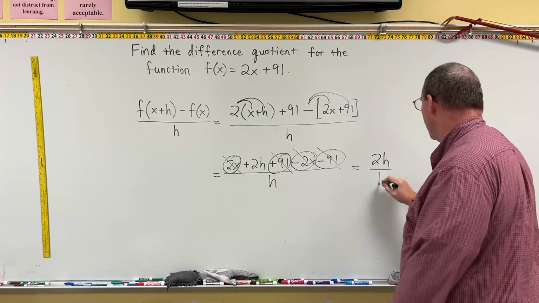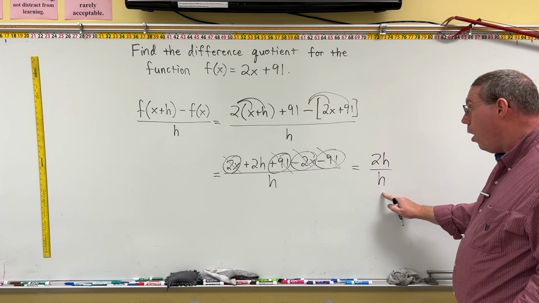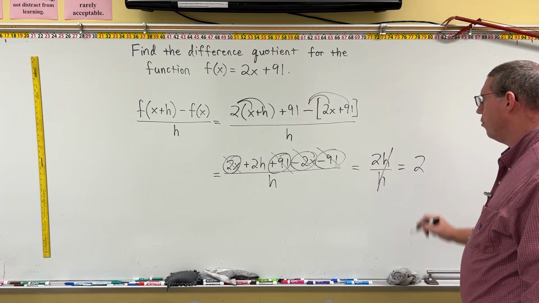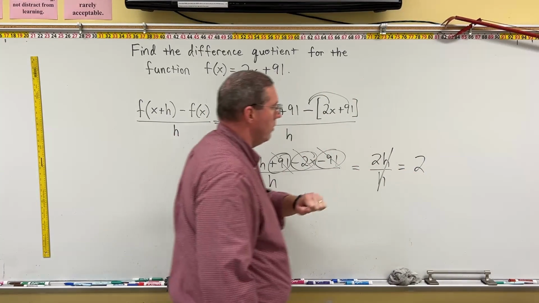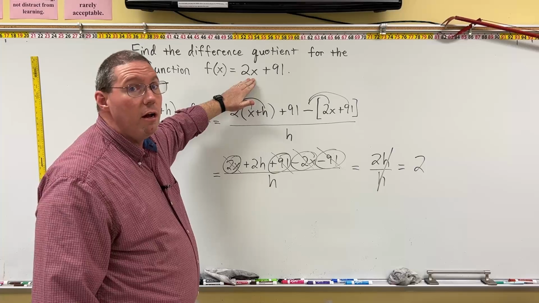And all we have left is this 2h over h. And what do you know? h divided by h is 1. So they cancel each other out, and all we have left is 2. So the answer to this whole thing is just 2. That's the answer, which is really interesting because this is a linear function.